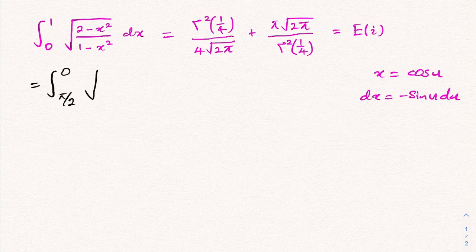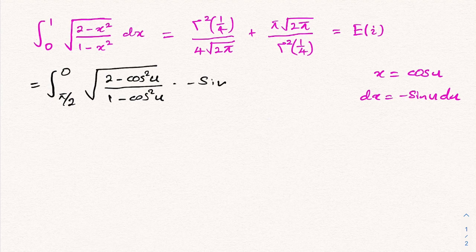Then here, the square root of 2 minus cosine squared of u over 1 minus cosine squared of u, times dx, which is minus sine of u times du. Okay, then we can change this limit to 0 to π/2. When we change the limit, this minus sign gets cancelled.